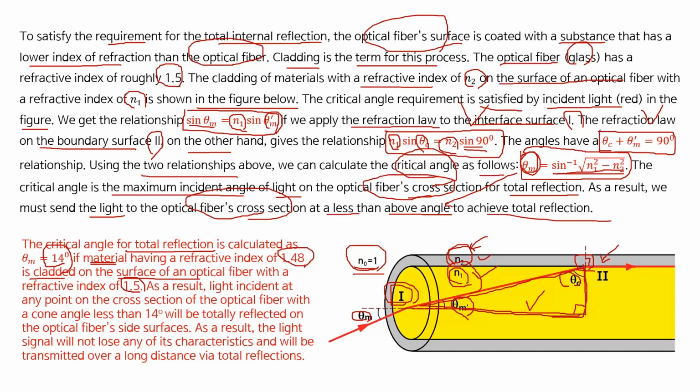So we can add these values here, N1 and N2, and we get theta M as 14 degrees. As a result, light incident at any point on the cross section of the optical fiber with a cone angle less than 14 degrees will be totally refracted on the optical fiber's side surface.